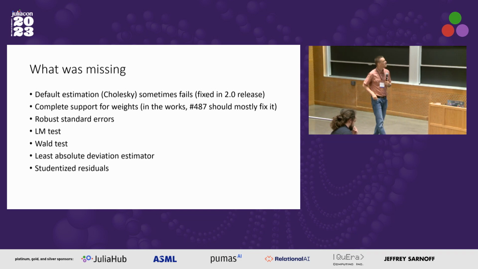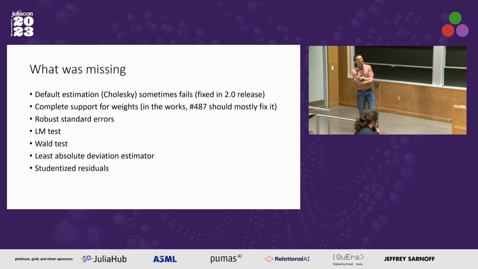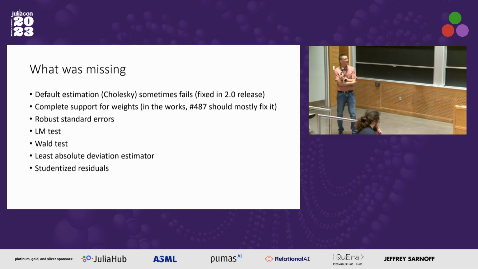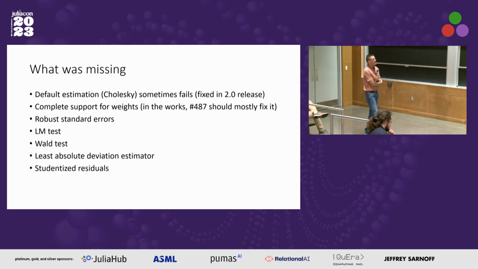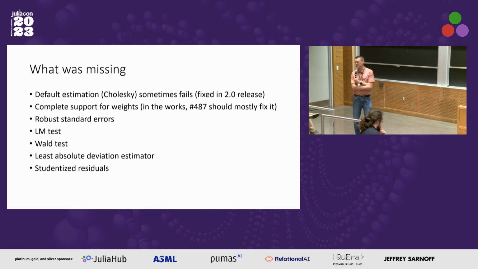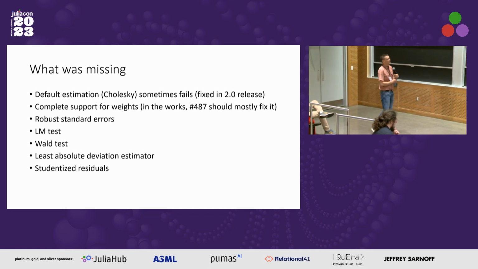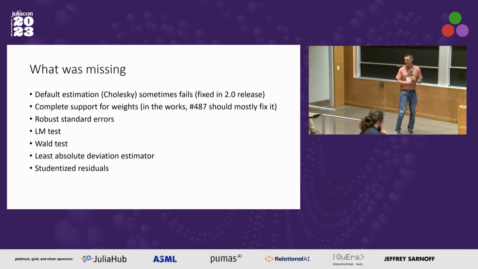The third bullet is something that I think was maybe not the most problematic, but the biggest thing. GLM.jl does not provide robust standard errors when you have heteroscedasticity in the error. And this is something I had to implement.